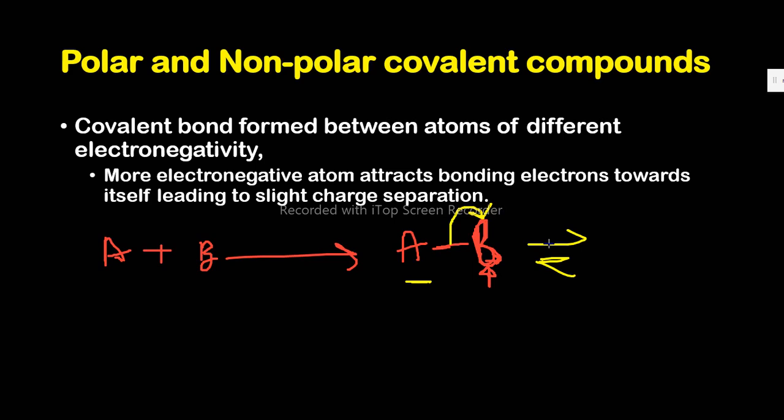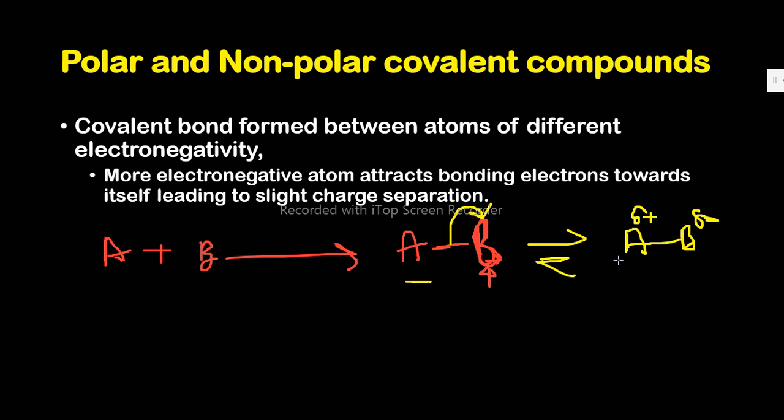As a result, you form a compound that is polarized, whereby B will be partially negative because it has attracted the electrons, and A will be partially positive because it lost its electrons.